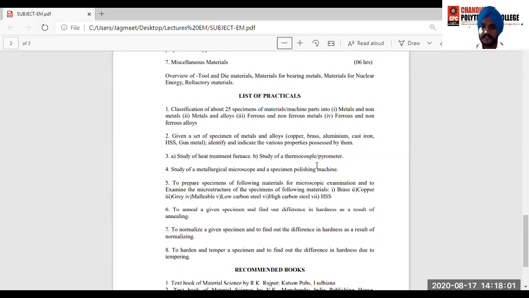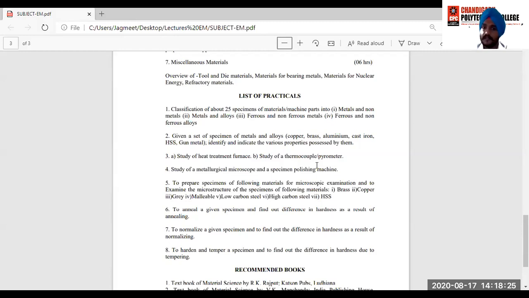In chapter number 2, we will discuss the different metal and alloys, copper and brass, aluminium, cast iron, high speed steel, gunmetal. We will indicate and identify the material from their properties. In chapter number 3, we will discuss the heat treatment furnace, thermocouple, pyrometer.